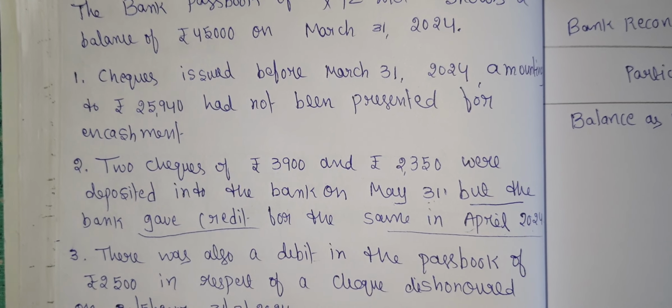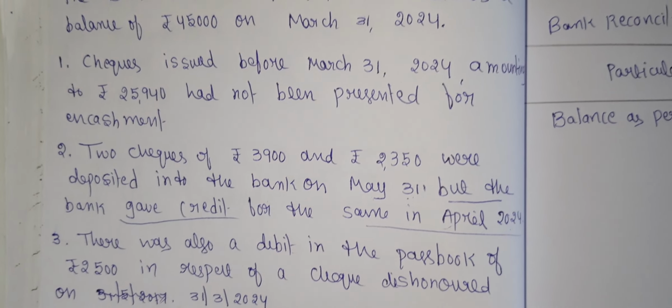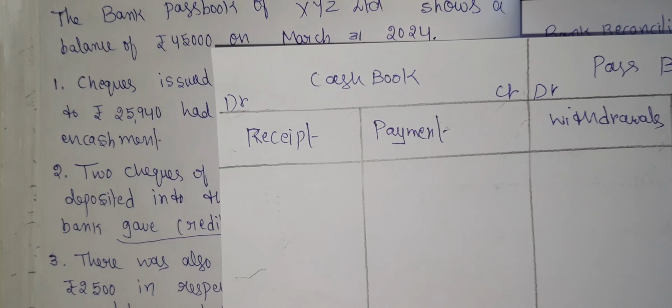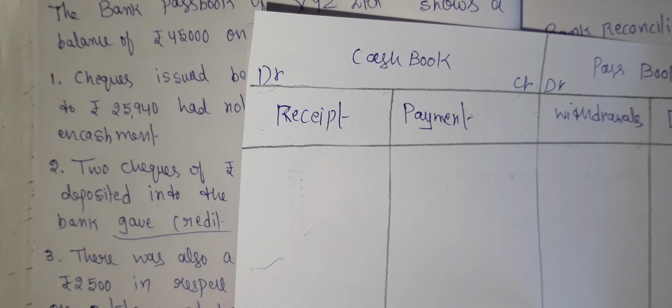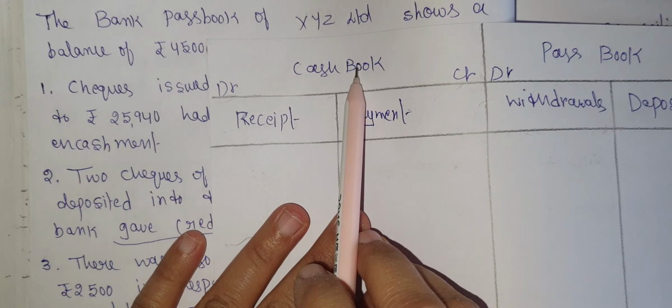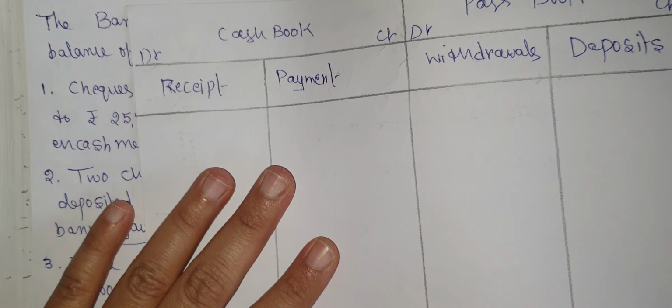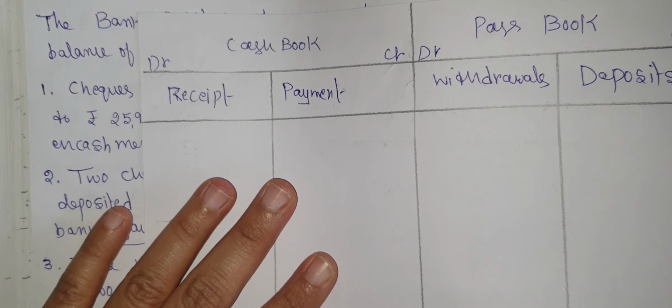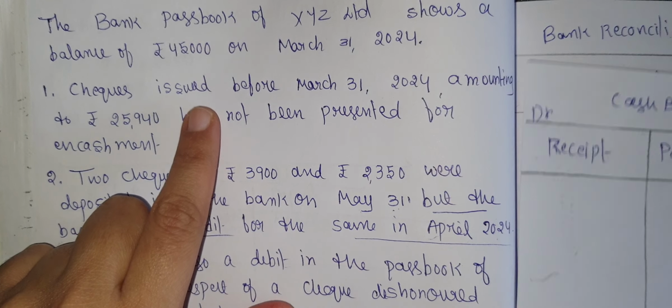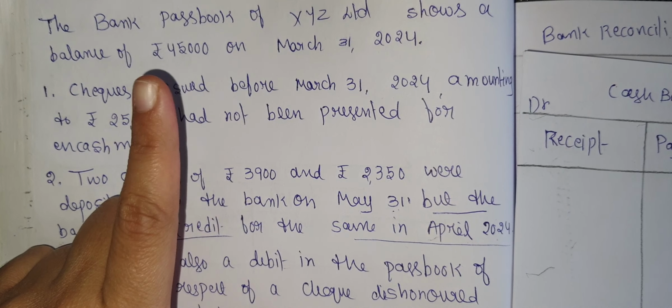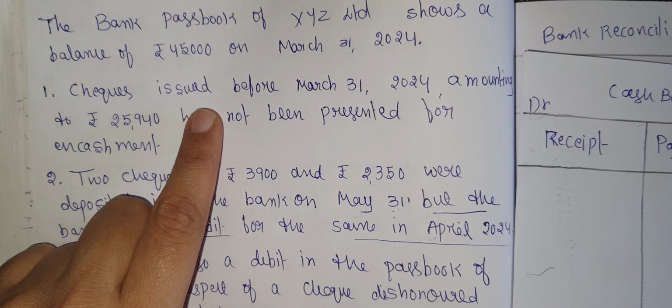Okay, so before that, what I said in the last class, you have to do some rough work. Write down the cash book and passbook with receipts, payments, withdrawals and deposits. What is the first step? We have to enter this transaction in the cash book as well as in the passbook.